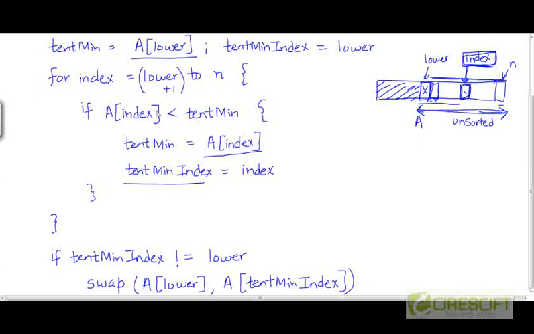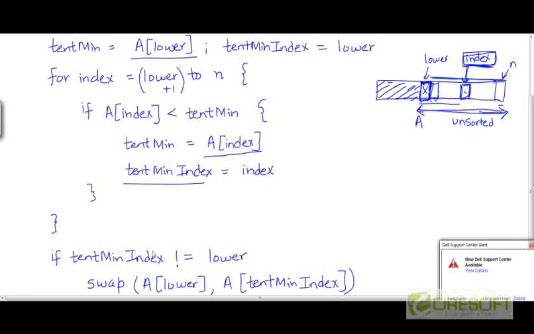Having determined the tentative minimum value as well as the index at which it is present, if that index happens to be equal to lower, we are already done. We know that this element is already the minimum element of the unsorted portion, and so we can simply extend the sorted portion by one element.